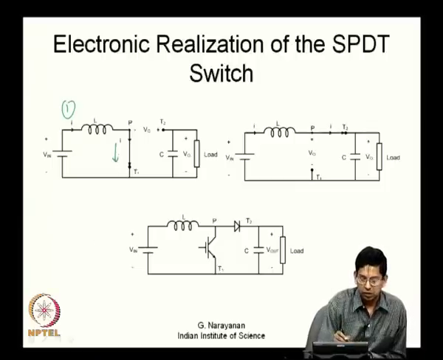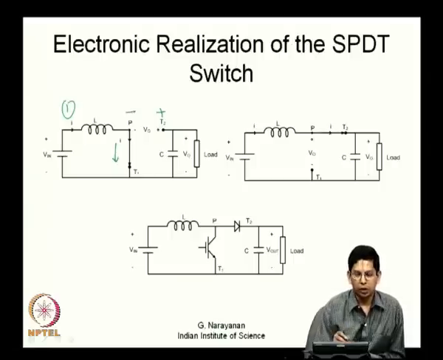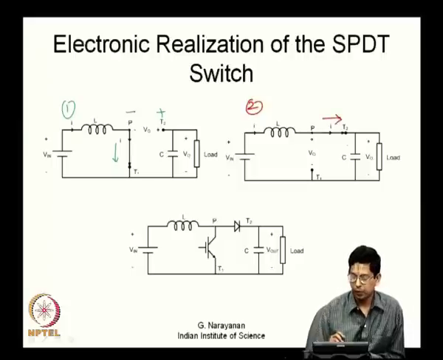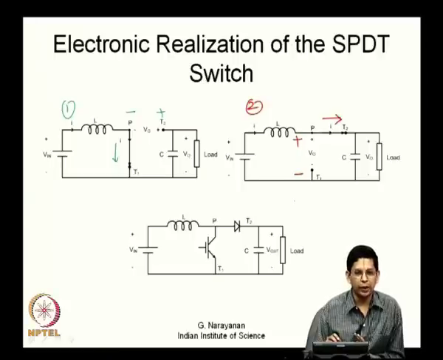Then this is the voltage blocking requirement on the part of P to T2. Now, if you move over to state 2, the direction of conduction is from P to T2 and the potential blocked is P positive with respect to T1. So, these are your requirements. You have to find devices which will satisfy these requirements now.